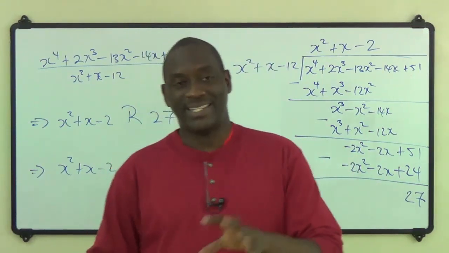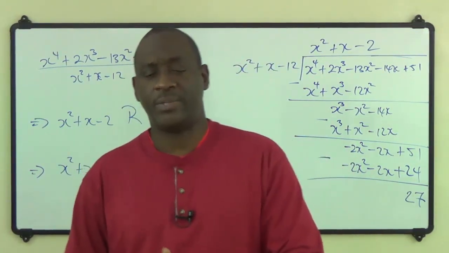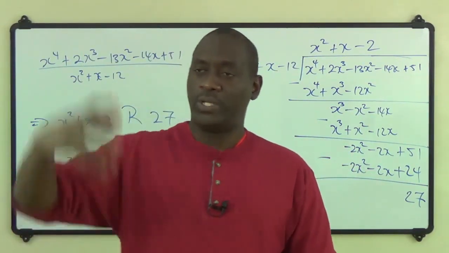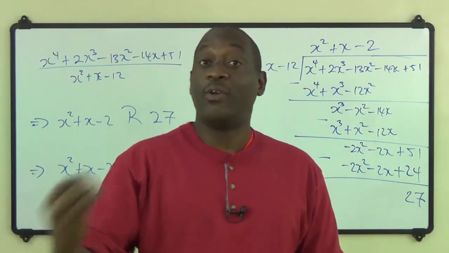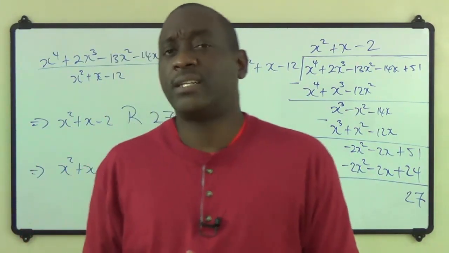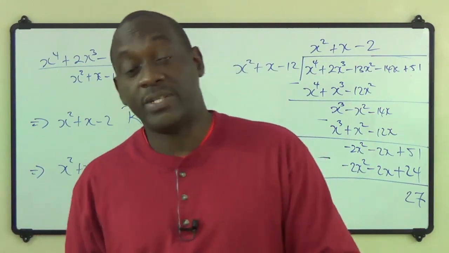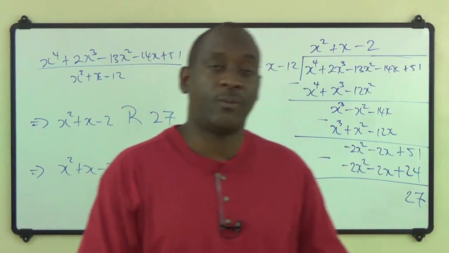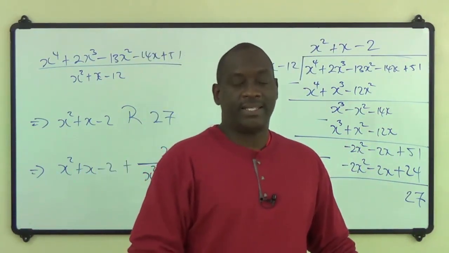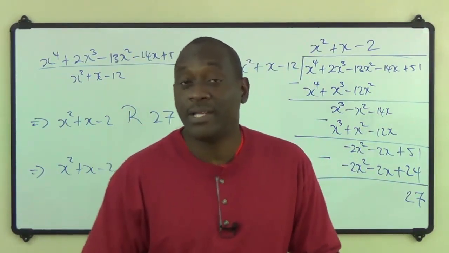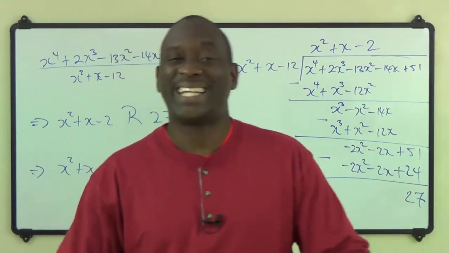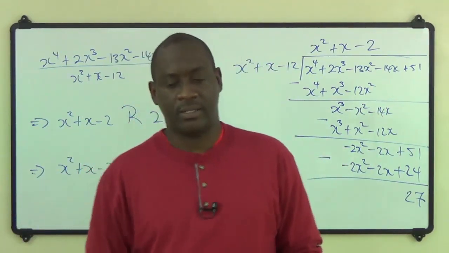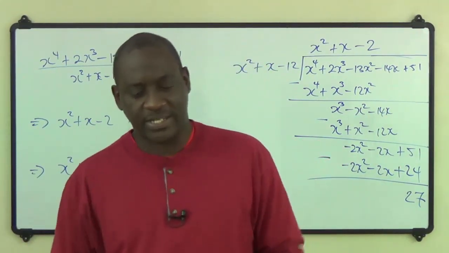In learning the concept at the early stage, we work with factors because we wanted to get comfortable with the whole mechanics of long division. But once you get comfortable with long division where you don't have a remainder, you move to another level where instead of expecting to not have a remainder, you're actually expecting to get a remainder. And when you don't get one, you say, aha, we have a little special case here.